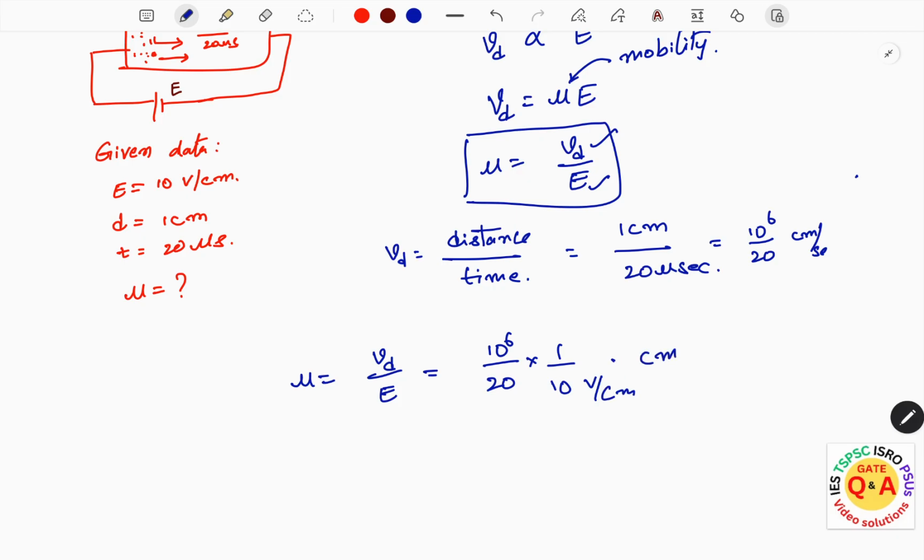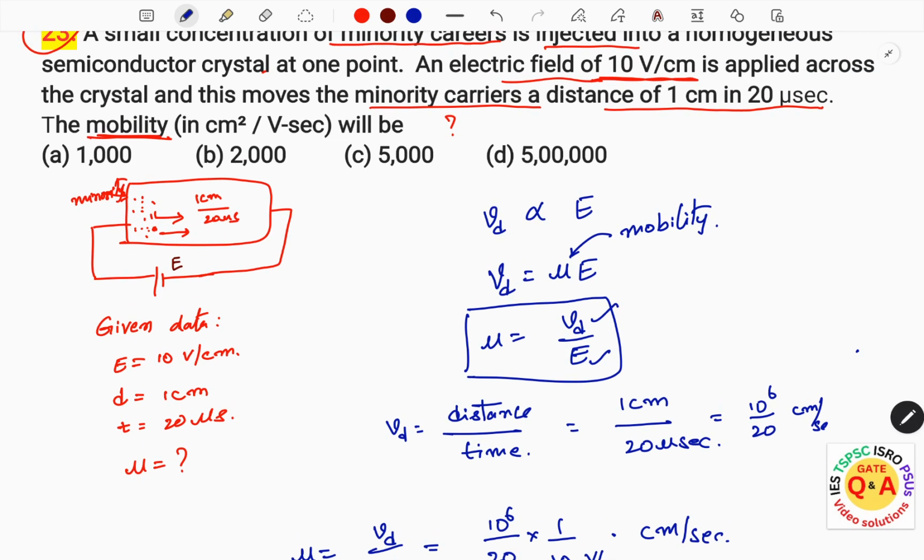By solving this, we get the answer as 5000 centimeter square per volt second. This is the mobility: 5000 centimeter square per volt second.